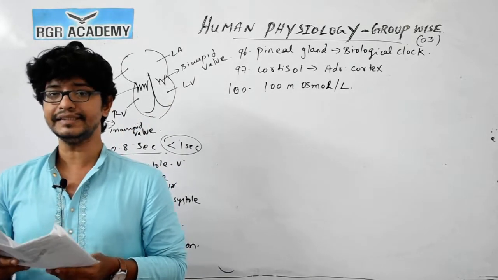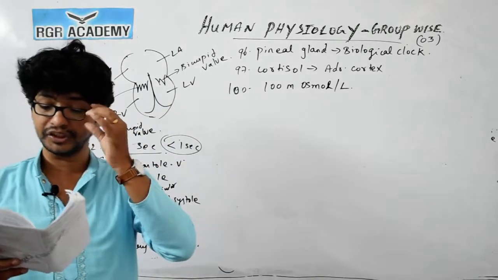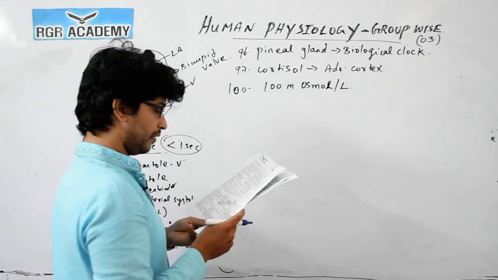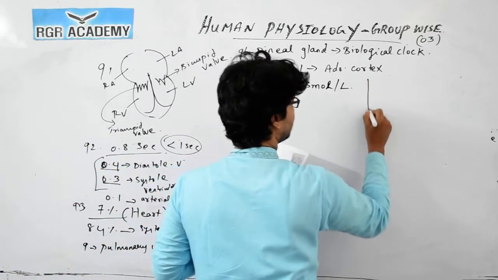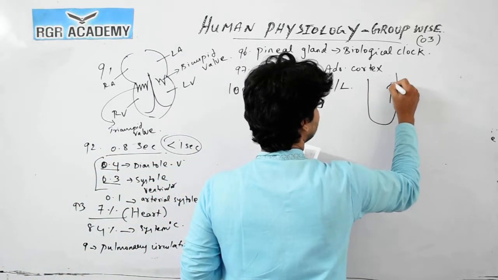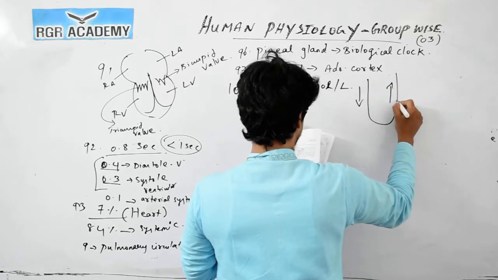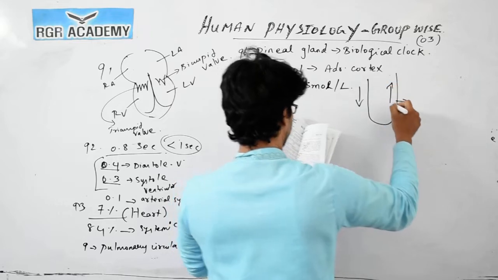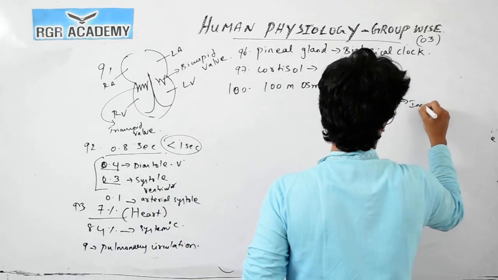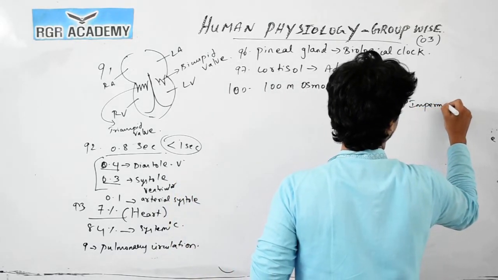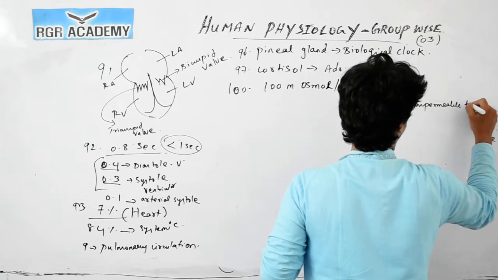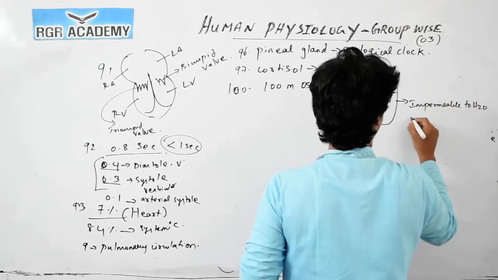The reason is that the ascending limb of the loop of Henle is virtually impermeable to water. This is the descending limb and this is the ascending limb. The ascending part of the loop of Henle is impermeable to water, and it is permeable to sodium.